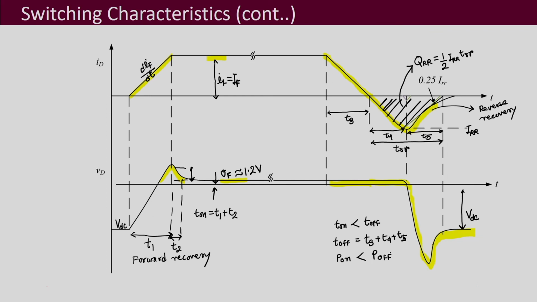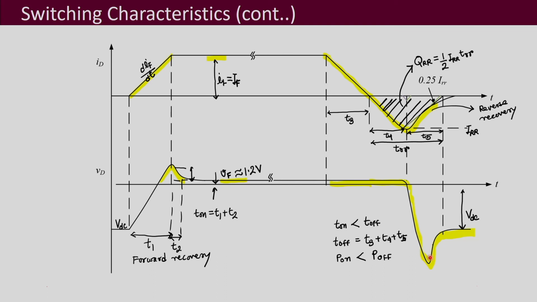Now, one more thing that you can observe here is the shoot through in the voltage. If this shoot through is too high, then that may damage the diode. And that is also decided by the interval of T4 and T5, and also the stray inductances that may be there. Okay.